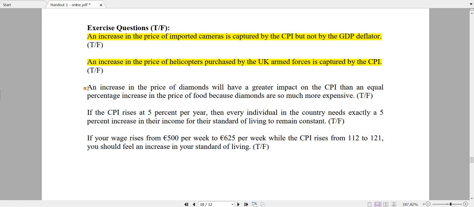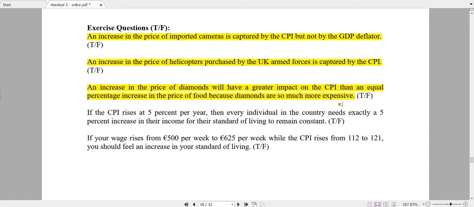Now moving to the third statement, an increase in price of diamonds will have a greater impact on CPI than an equal percentage increase in price of food because diamonds are much more expensive. I'm agreeing to the fact that diamonds are definitely more expensive than food, but think about the fact that a typical consumer does not consume diamonds, but food is a significant portion of a typical consumer's consumption bundle.